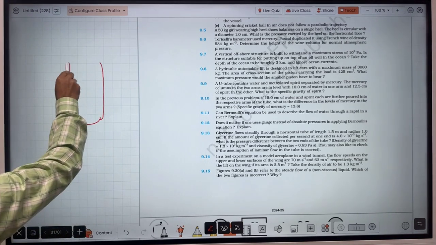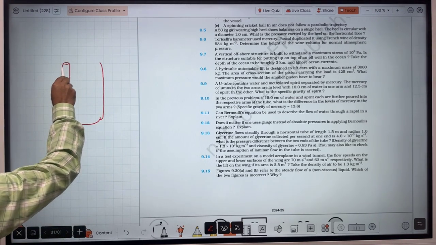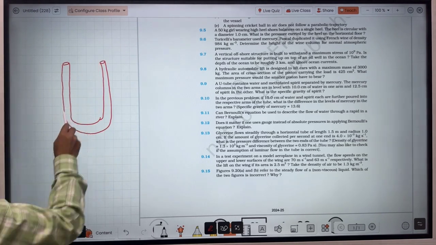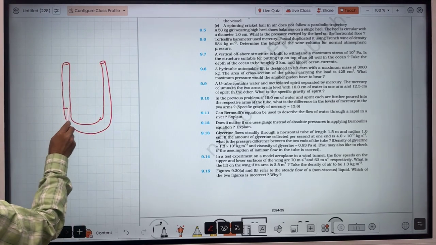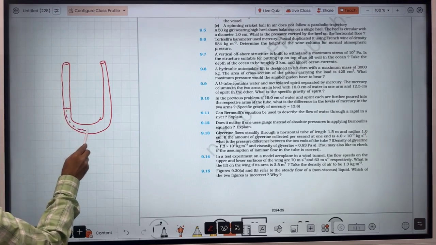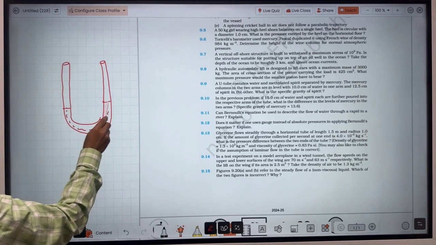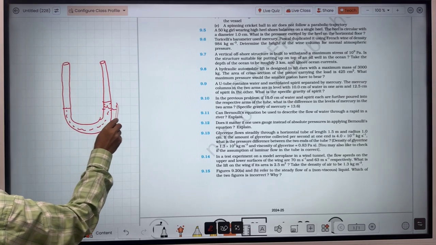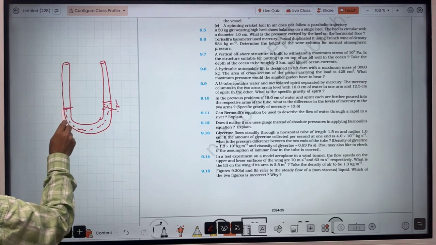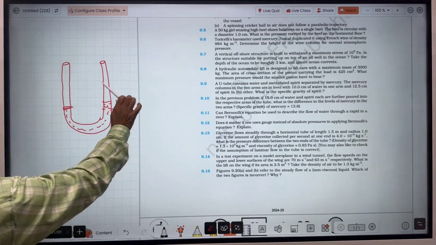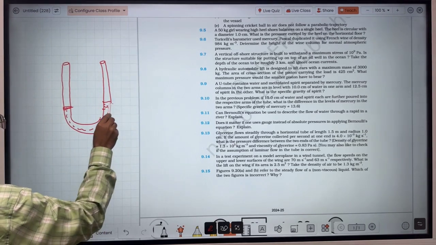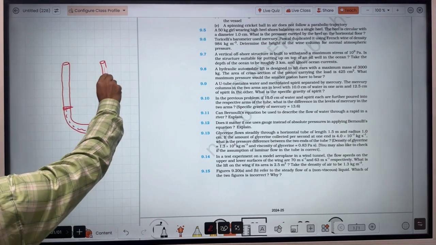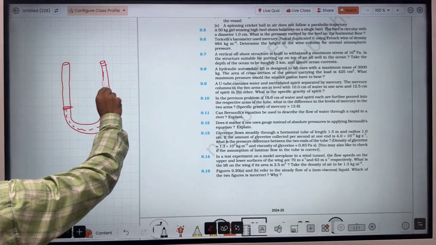So we consider it like this, and here we take that the mercury is imbalanced. Suppose there is a little difference between the two levels. This is the difference in level, H. Up to this level there is methylated spirit.